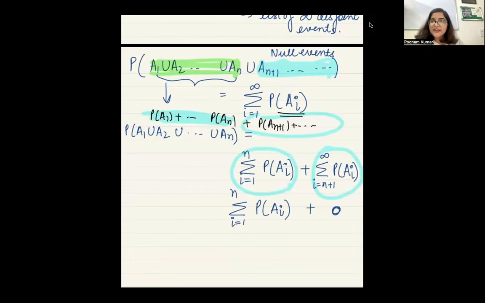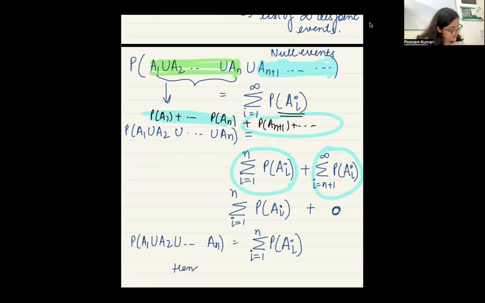Have I shown what I wanted to prove? I wanted to prove that the probability of A1 union A2 union up to An is the summation, i going from 1 to n, of probability of Ai. Hence proved.